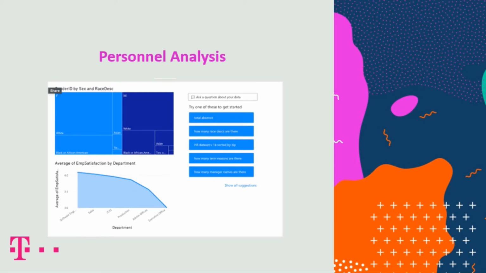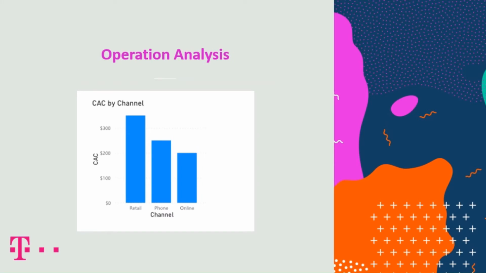The next slide discusses the operation analysis, and the graphic here on this slide depicts the customer acquisition cost by channel. In the tech blog, I go into detail on how it would benefit T-Mobile to maintain their growth strategy in online and phone acquisition, meaning they'll focus their resources and develop more effective and efficient processes related to acquiring customers through their online and phone channels.